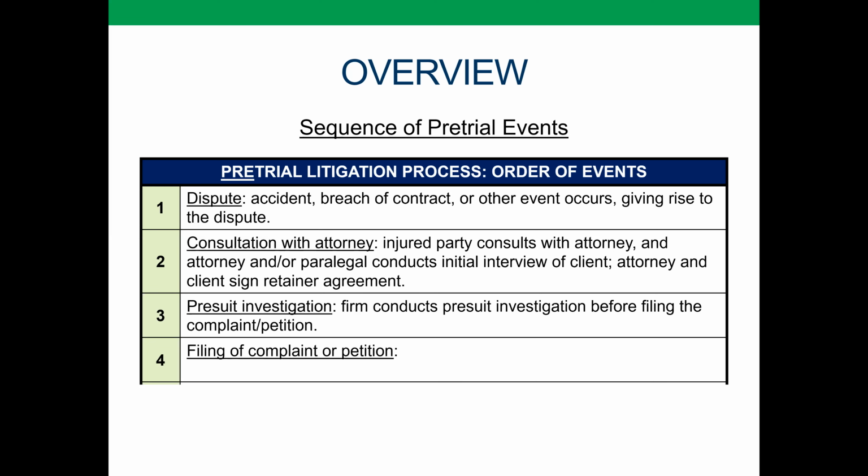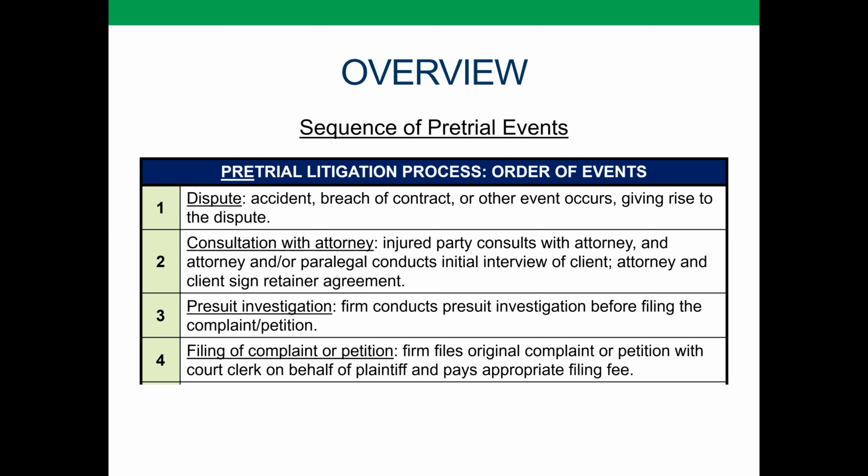That document is called a complaint if you are in a federal trial court, or a petition if you're in a Texas trial court. And so the plaintiff's firm will file the original complaint or the original petition with the clerk of the appropriate court on the client's behalf and pay a filing fee to do so.